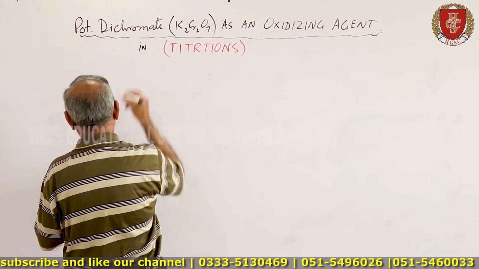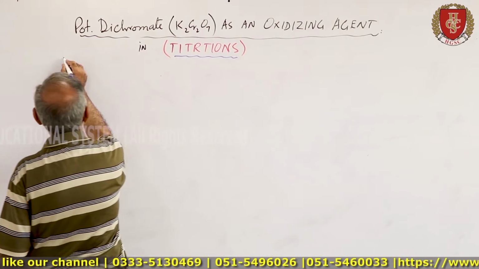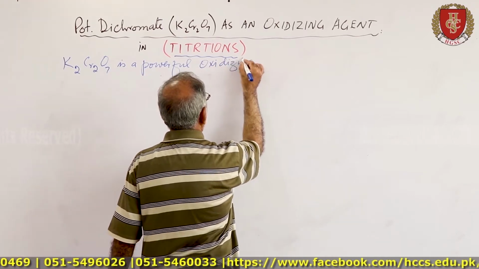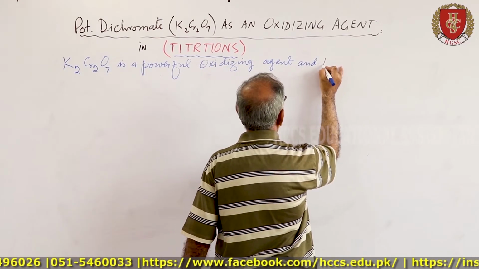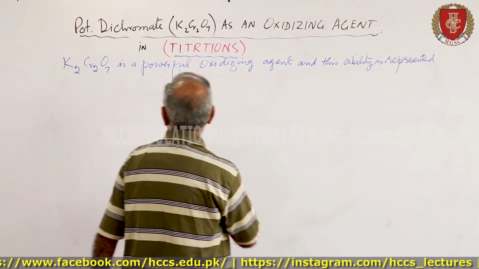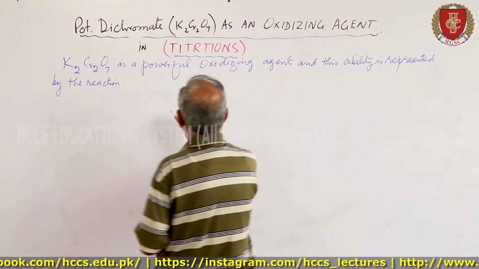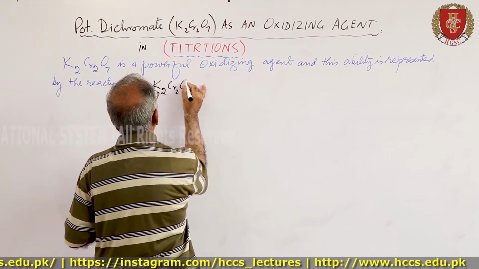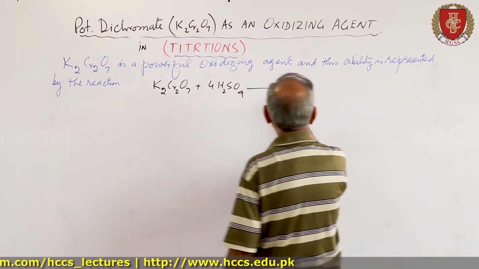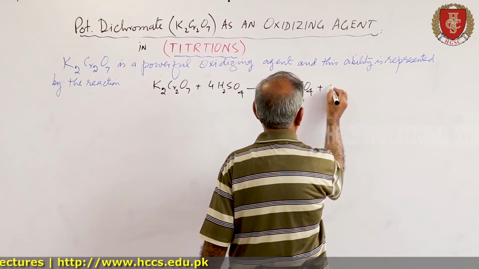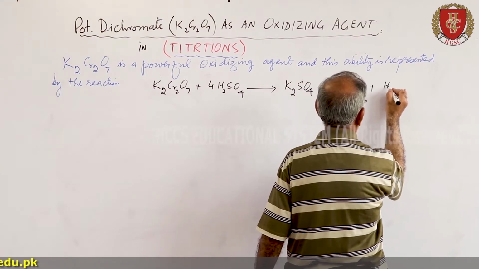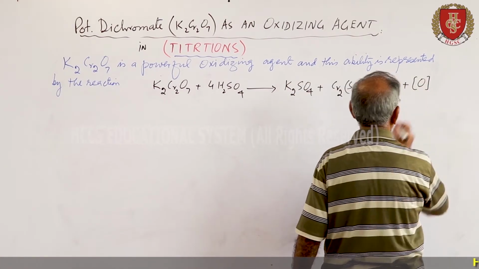In titrations, potassium dichromate is a powerful oxidizing agent, and this ability is represented by the reaction, that is K2Cr2O7 plus 4H2SO4 gives K2SO4 plus Cr2(SO4)3 plus 4 water plus oxygen.